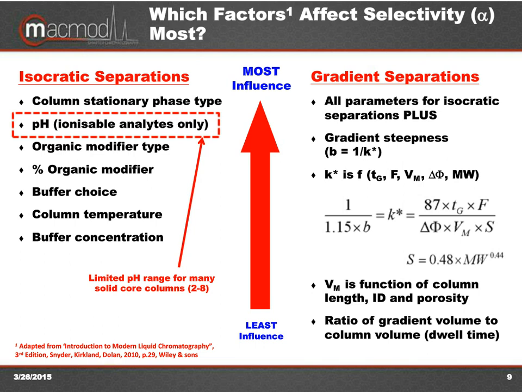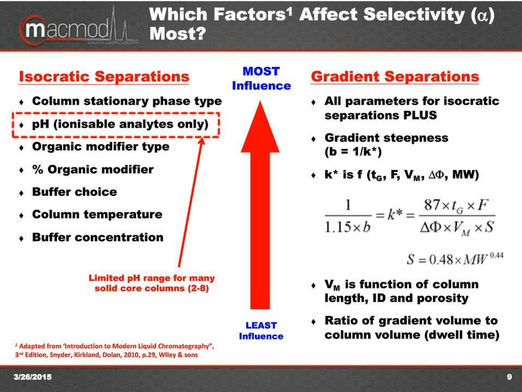The most powerful ones include the stationary phase type, the pH of the mobile phase for ionizable compounds only, the organic modifier type, that is acetonitrile, methanol, a blend of the two, etc., and percent organic modifier. Then the lesser ones are column temperature, choice of buffer, meaning phosphate versus acetate, and then the buffer concentration is one of the least. You could also throw in here the ion pairing additive concentration if you wanted to for those types of separations.